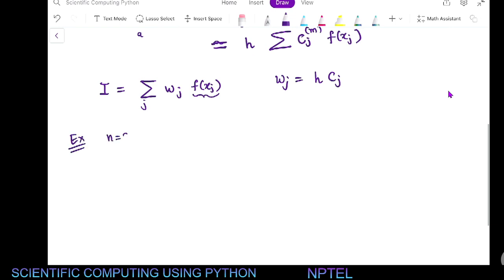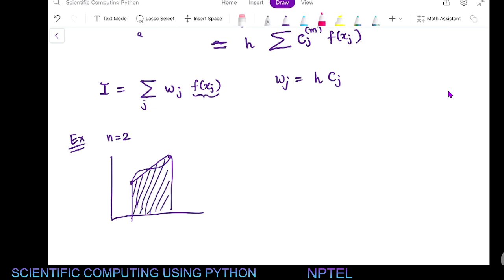When n is equal to 2, it's just linear interpolation, because you have just 2 points, so you have an order 1 polynomial, which is just a straight line. And what it means is that the area under this curve, which could be any function, something like this, is roughly the area under this straight line. Now that means we are not accounting for this much area and also this much.